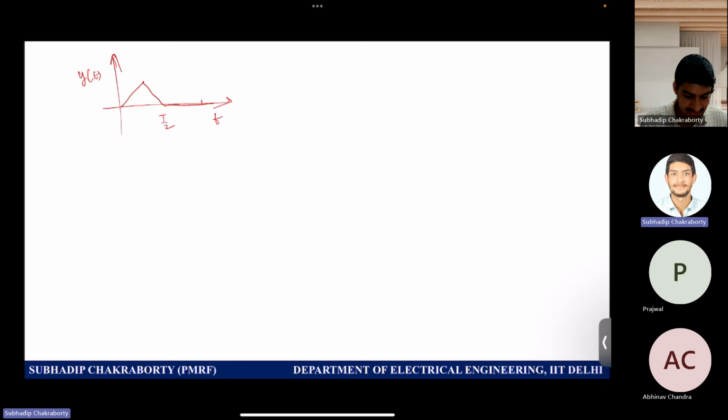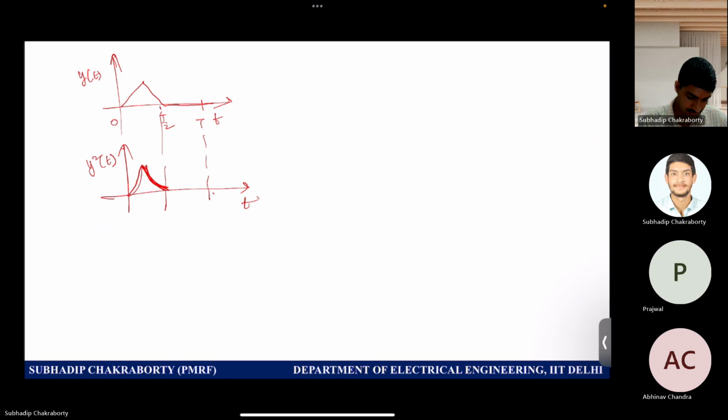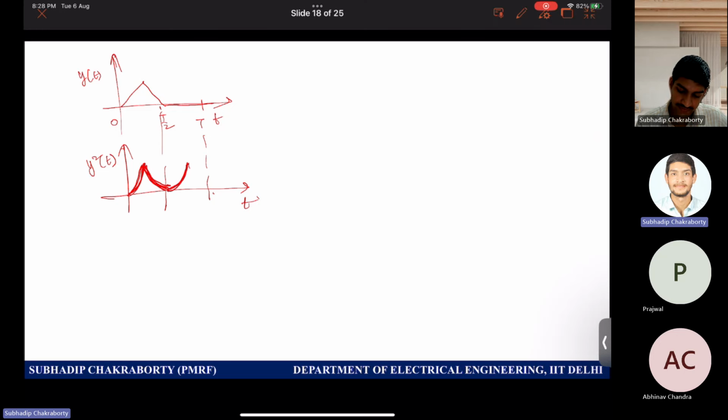Say for example, this is the signal. So what will be y square of t? How will it look? Parabolic, like. Sorry, this part will not come because it is not full wave.